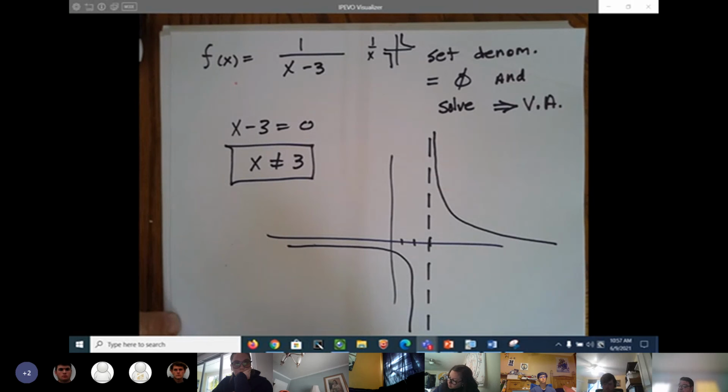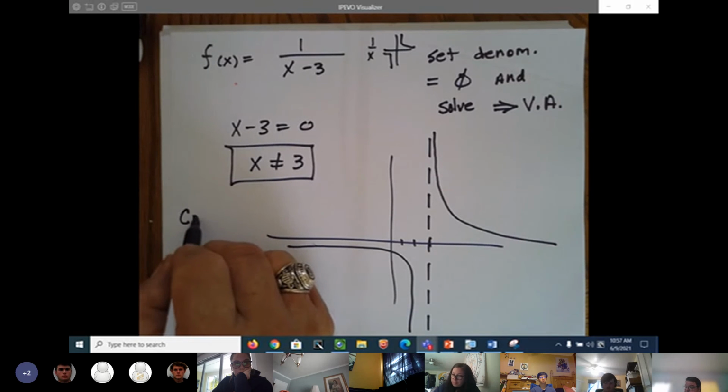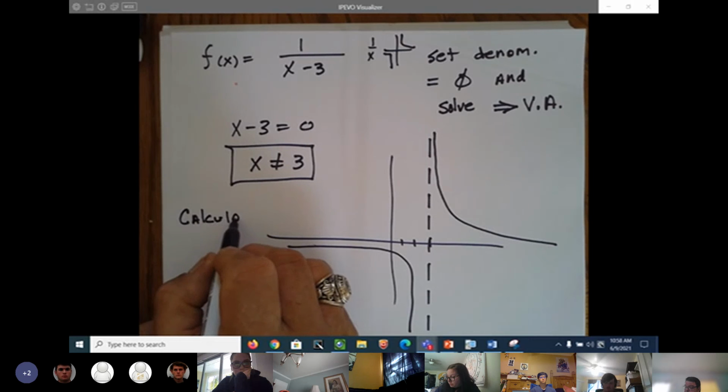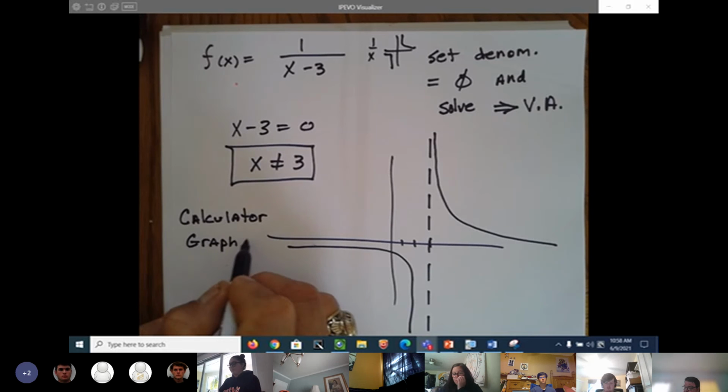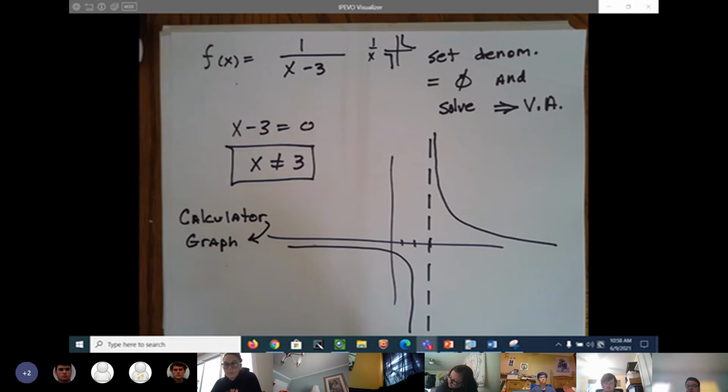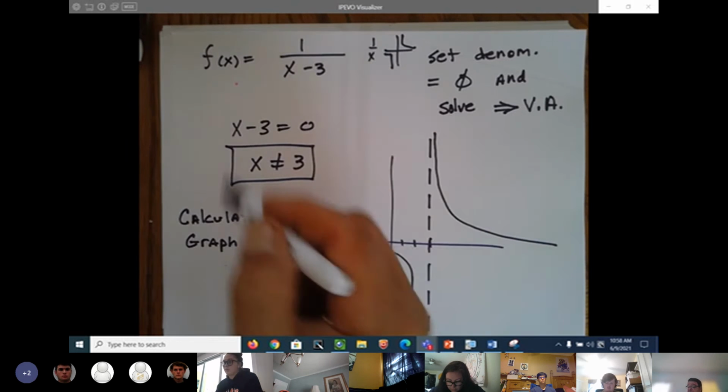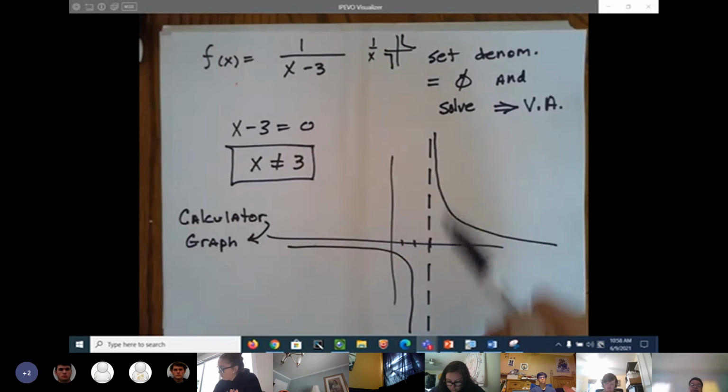Now, on these problems, you're going to be using your calculator to help you with the graph. I'm not going to make you try to do every single graph by hand. I want you to be able to use your family of graphs and your horizontal and vertical shift, and check it with your graphing calculator. All right, so we just found the vertical asymptote for this function. And that's how you do it. So let's do an order.